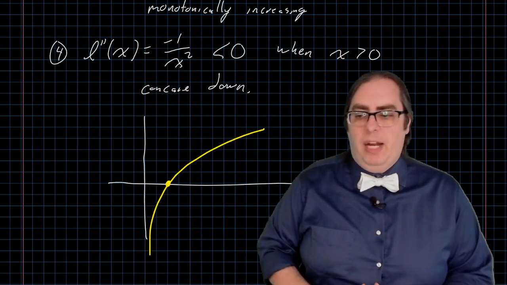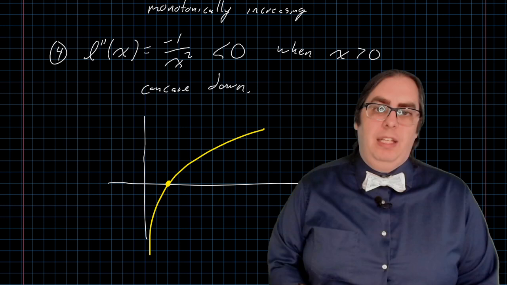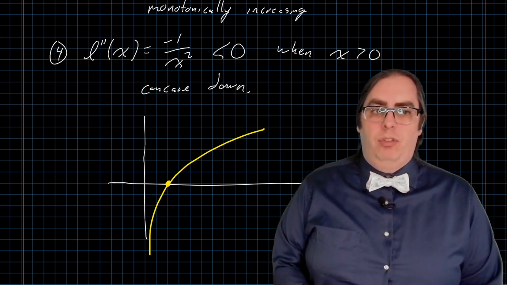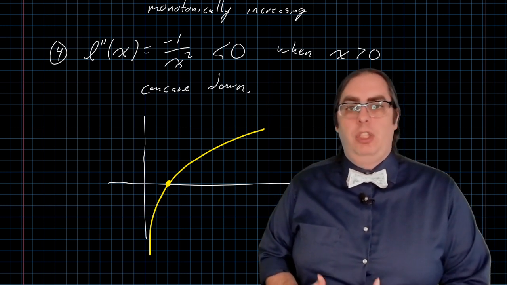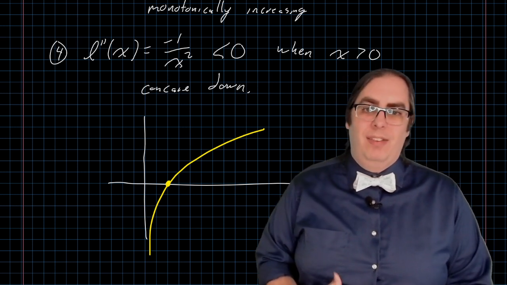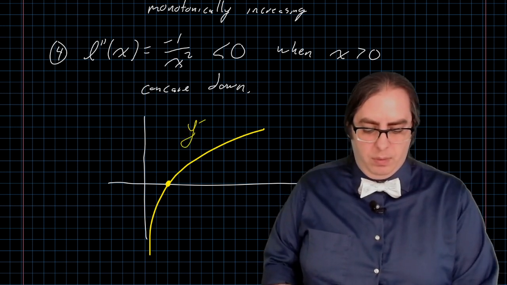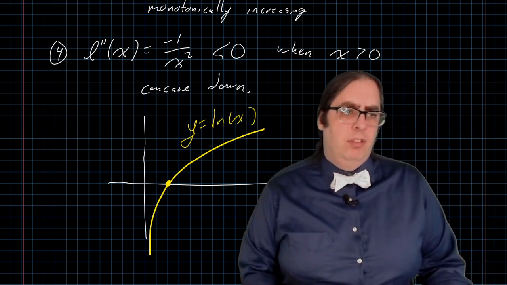This is a graph with which you should be familiar. This graph is the graph of the natural logarithm. And so yes, this function we've just invented is a function you have seen before. It is the natural logarithmic function. And we'll generally write that as y equals ln of x.